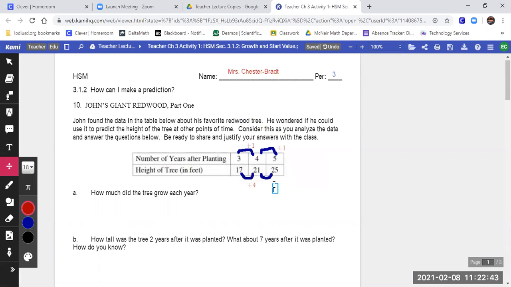And how big is it? What was our change from year 4 to year 5?